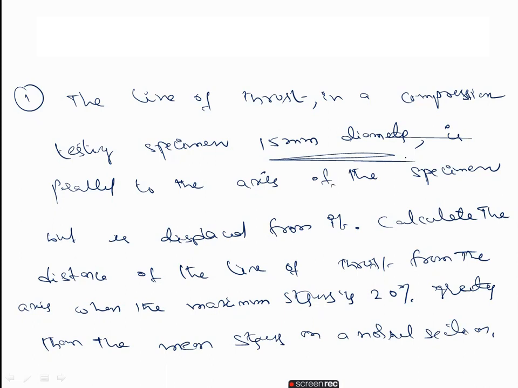It is parallel to the axis of the specimen but displaced from it, so that means the eccentricity E. Calculate the distance of the line of thrust from the axis when the maximum stress, sigma max, is 20% greater than the mean stress on the normal section. For suppose the mean stress is 100, then 20% greater means 120, that is 120% of the mean stress.